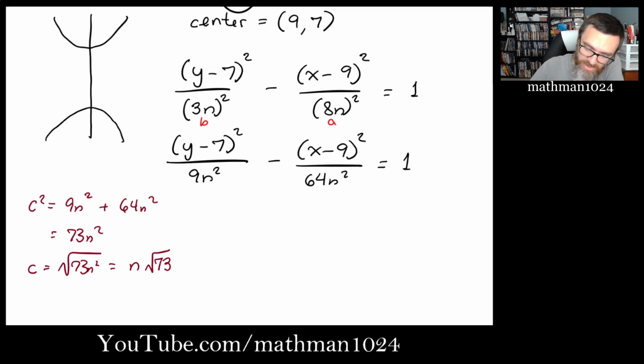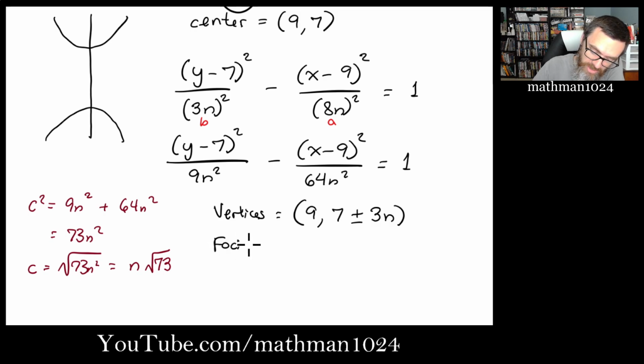So if I were to ask you for the center, we already have that. The vertices: it's still going to be x equals 9, and it's going to be 7 plus or minus, in the y direction, 3n. Your foci will be 9 comma 7 plus or minus n times the square root of 73.